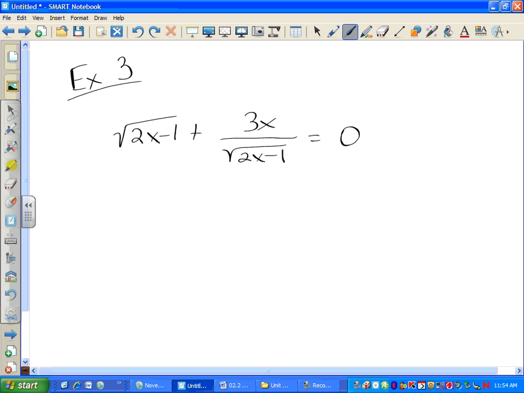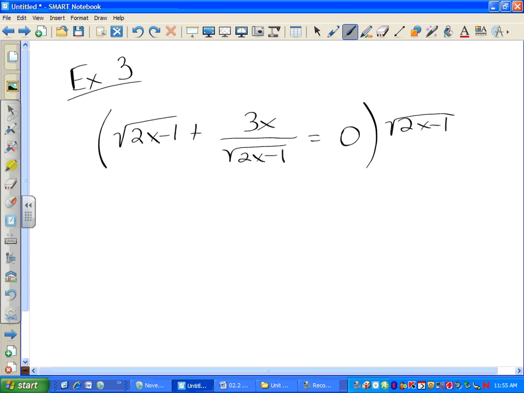Do you remember having the expression that looks like this? If I didn't have the equal 0, we had those. But actually, it turns out kind of nice, because on this one, if I'm getting rid of my fractions, I can just multiply by the square root of 2x minus 1. Correct? I can multiply by the square root of 2x minus 1.